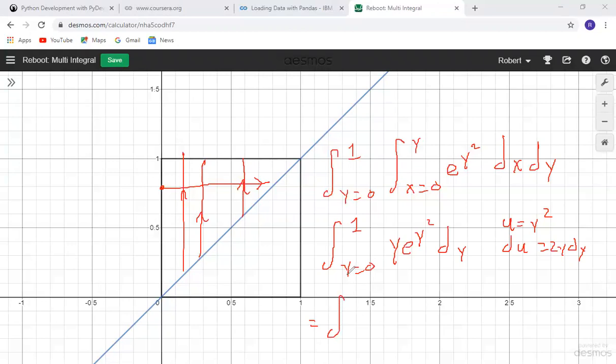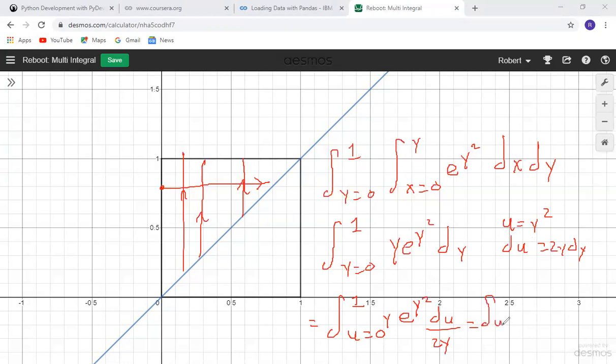When y equals 0, u is equal to 0, and when y equals 1, u stays 1. So u goes from 0 to 1. Then this will be e to the y squared du over 2y. These y's cancel, which is the whole point.